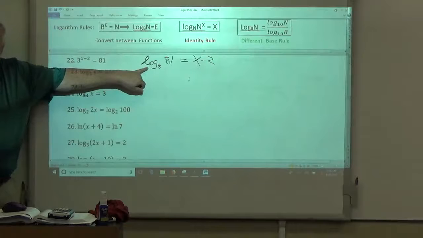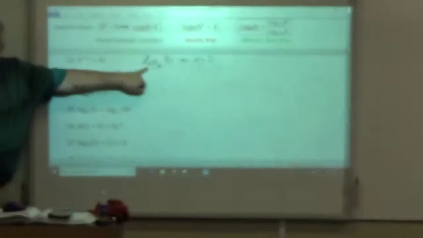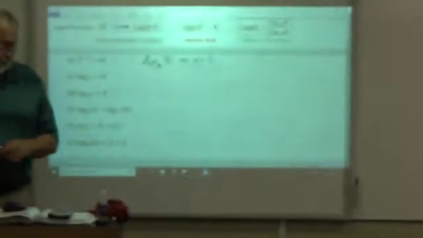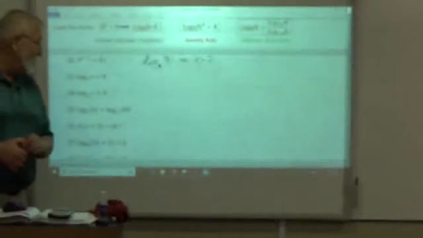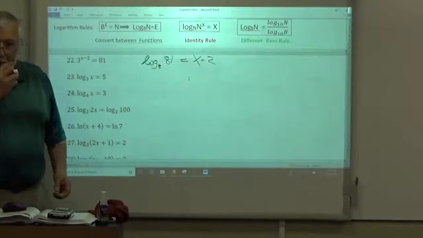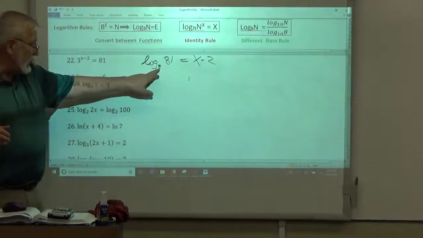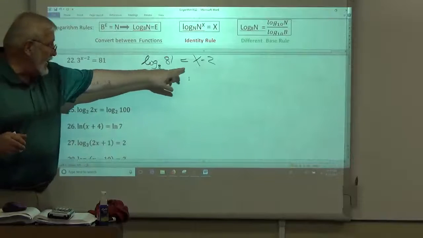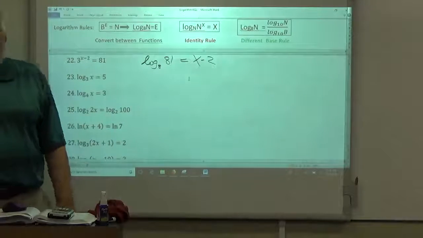So, does this calculator work? All right, what is it? Log 81 divided by log 3, and now, in your calculator, if you close out the log 3, then add 2, you'll have the x.